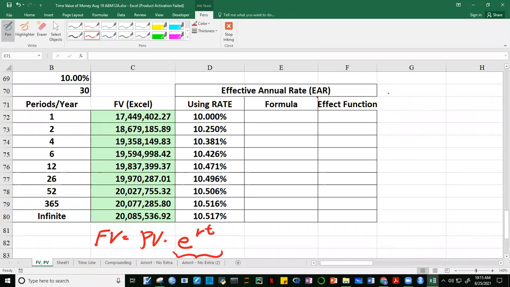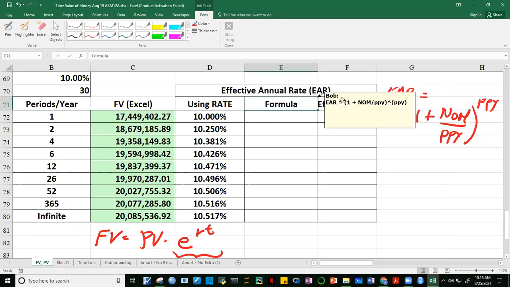EAR is equal to 1 plus your nominal, annual yun, divided by the periods per year, raised to the periods per year. PPY is the number of compounding, how many times a year can I compound. So that's what this means.